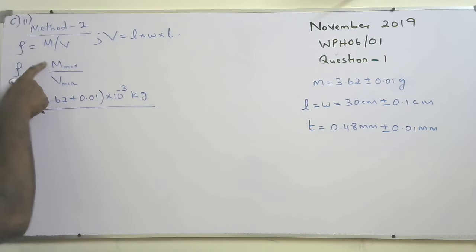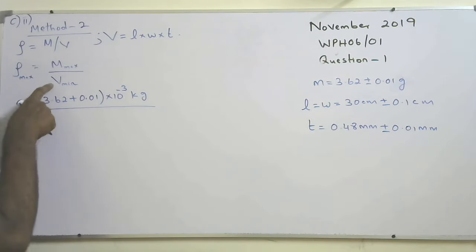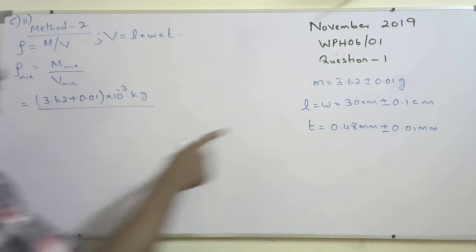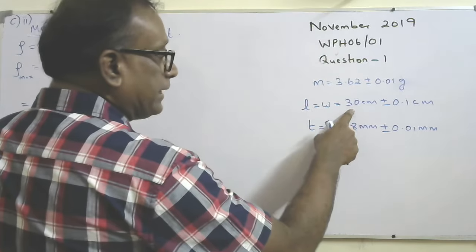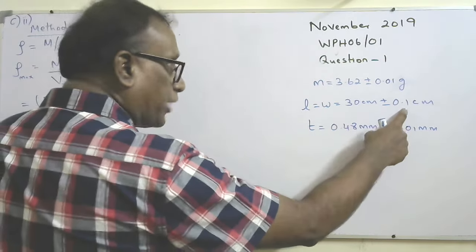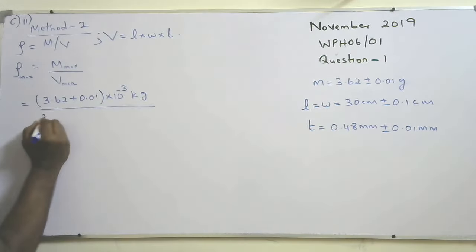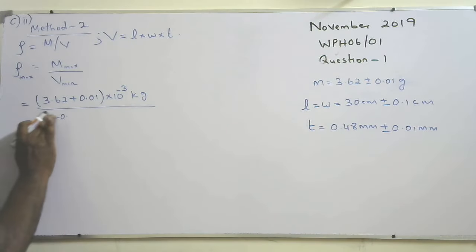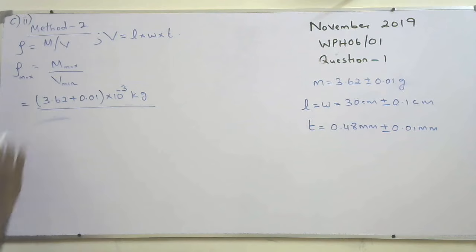Then by using M max, I wrote it over minimum volume. So all these quantities should be minimum. Length is 30 centimeter, minimum is 30 minus 0.1 centimeter. I'll write directly, 30 minus 0.1 will be 29.9.